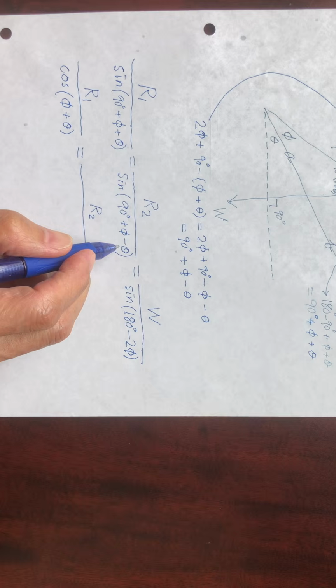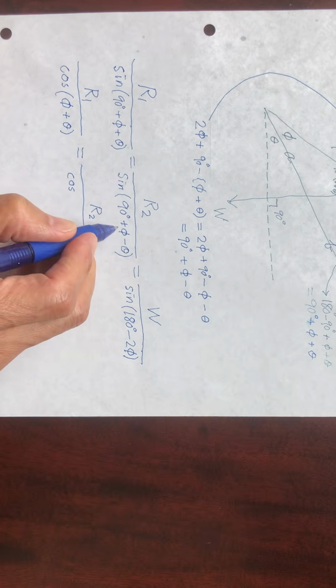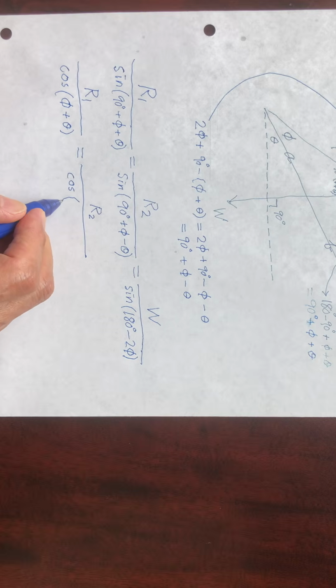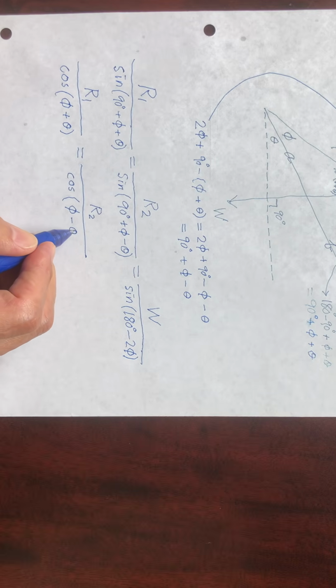Sine 90 plus that is cosine of this part, cosine of phi minus theta.